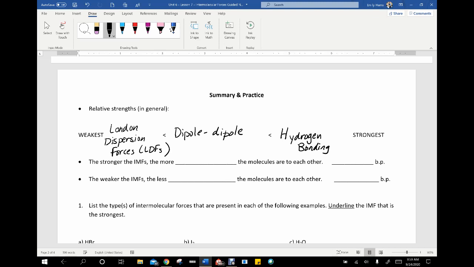In general, the stronger the intermolecular forces, the more attracted the molecules are to each other, and this tends to result in a higher boiling point. In general, the weaker the intermolecular forces, the less attracted the molecules are to each other, which results in a lower boiling point. Less attractions means easier to separate.